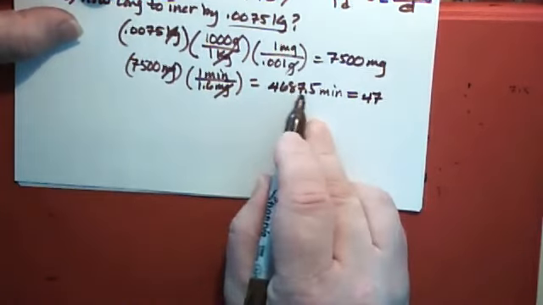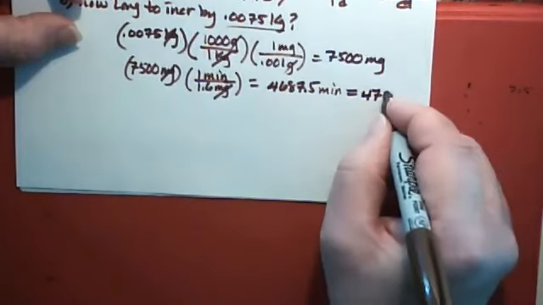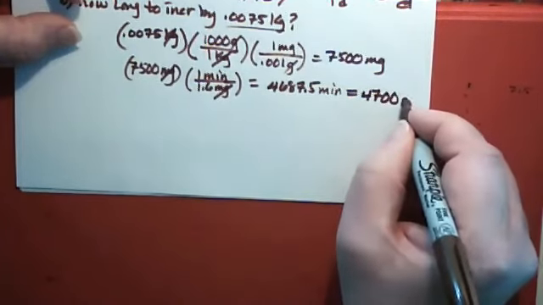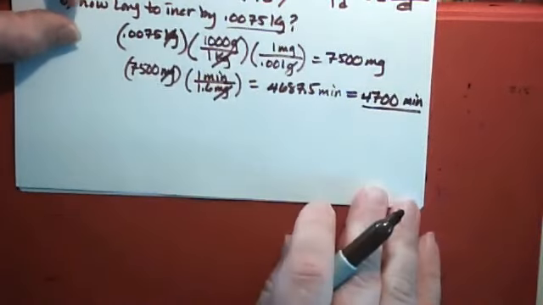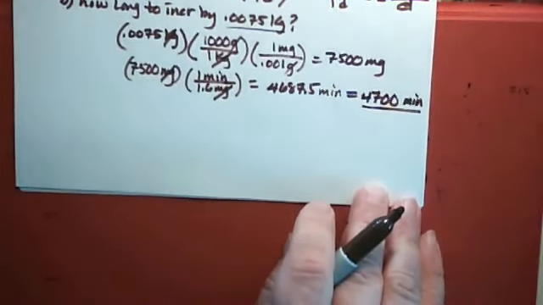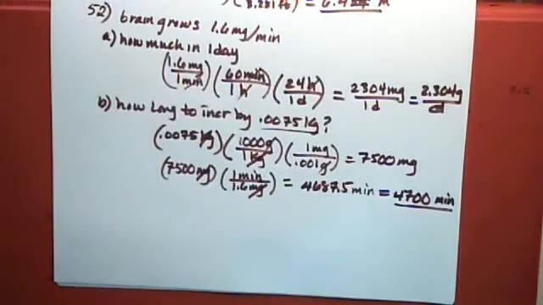Also, we're dropping 2 digits before the decimal point, so you need to replace those with zeros to maintain the magnitude. So in terms of minutes, it would be 4,700 minutes. You could use other units too if you wanted to, but since no units were specified in the question, any time unit would be okay.